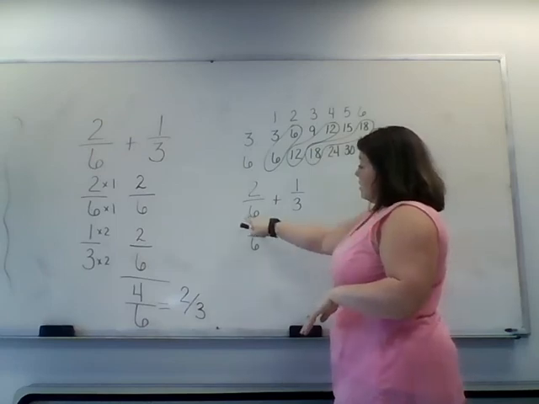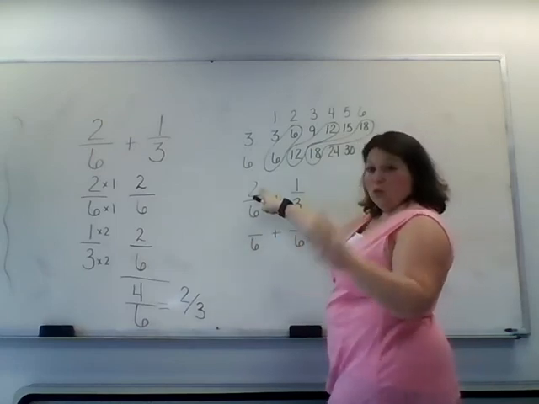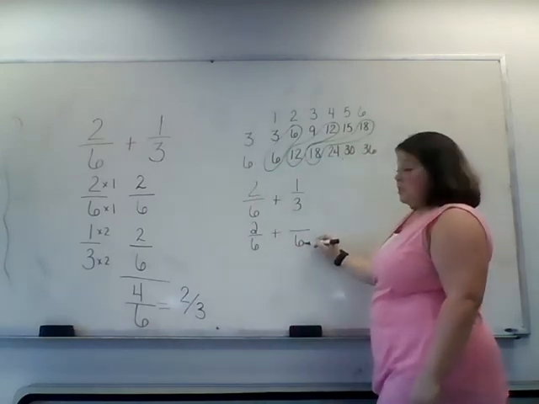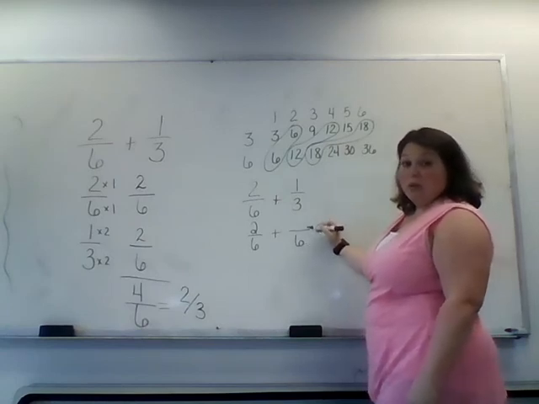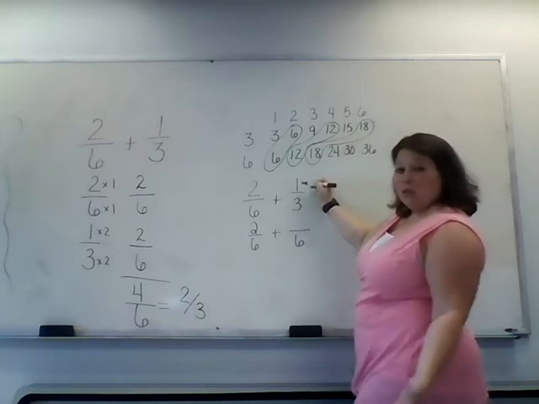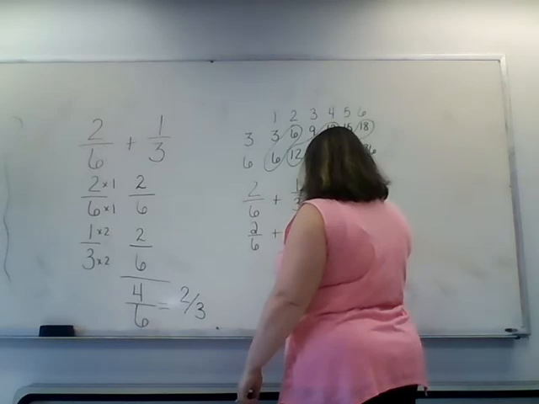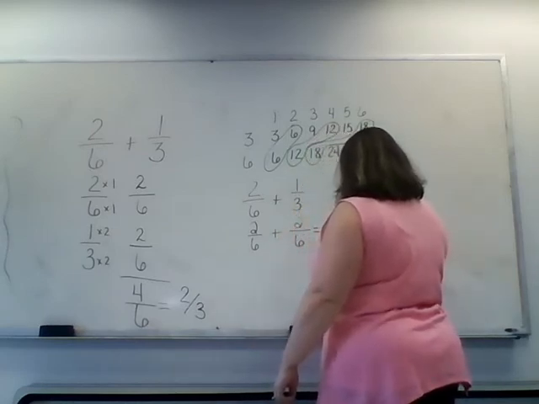So it would be 6 divided by 6 is 1. 1 times 2 is 2. 3 goes into 6 twice, or I have to multiply 3 by 2 to get 6. So that means I have to multiply 1 by 2 to get 2. And I get the same top answer and the same final answer.